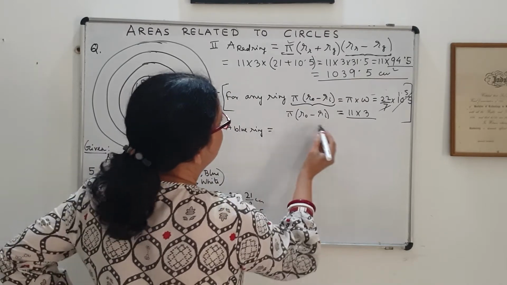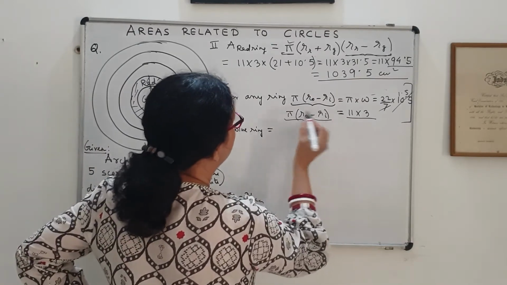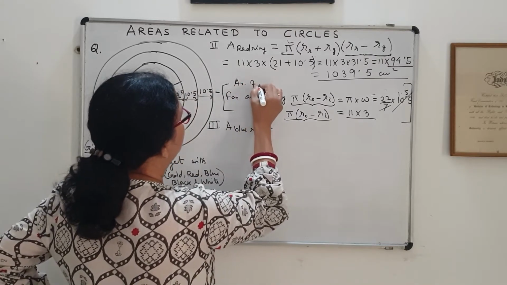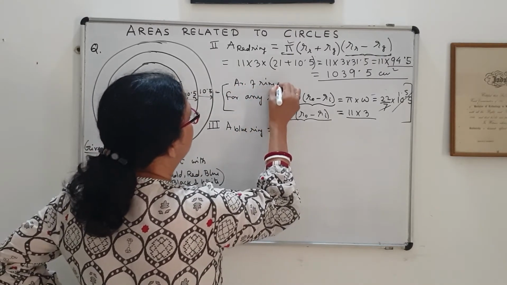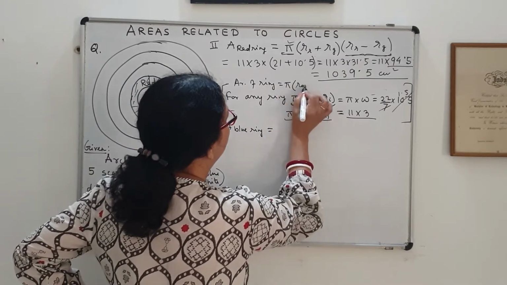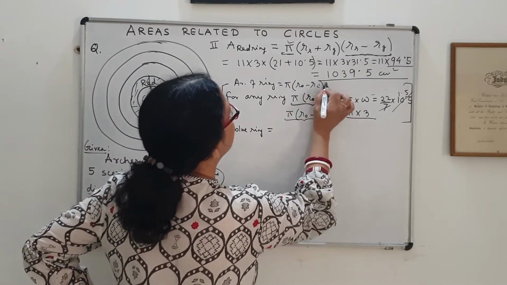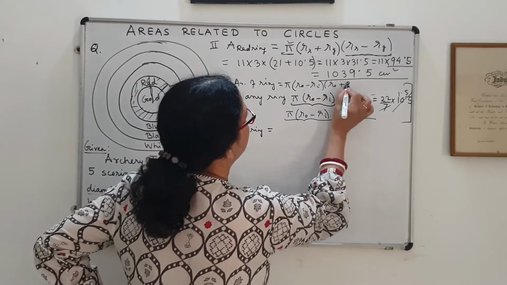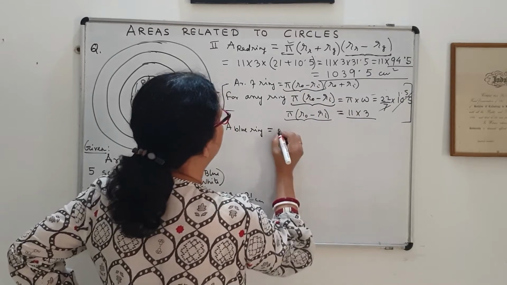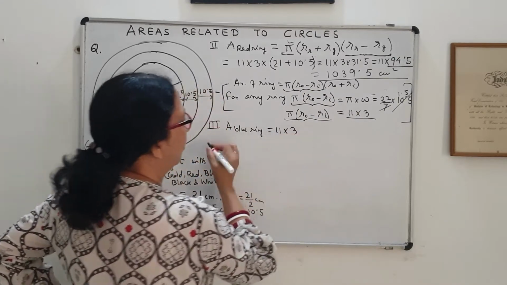Let me again write: the area of a ring, as I have shown you earlier, is pi into (Ro minus Ri) into (Ro plus Ri). This part is fixed, that is 11 into 3, fixed for all the rings.